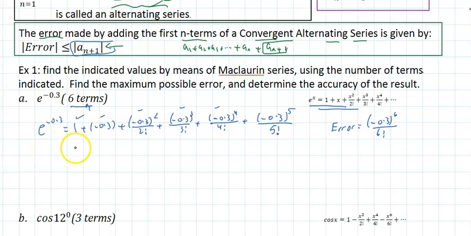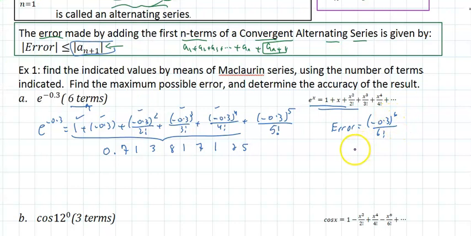Now, if I work this out, if I put this in my calculator, and that's something you're going to have to work with, that turns out to be 0.713817125. If I figure out the error, the error turns out to be 0.1234518113.